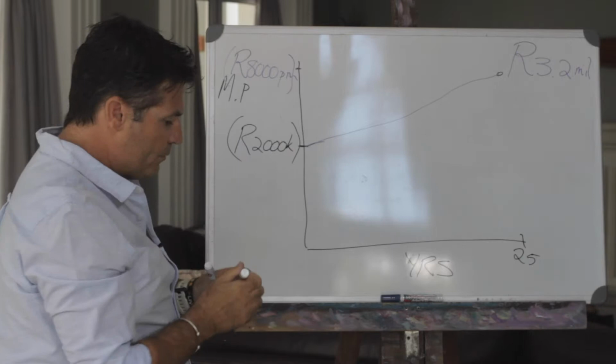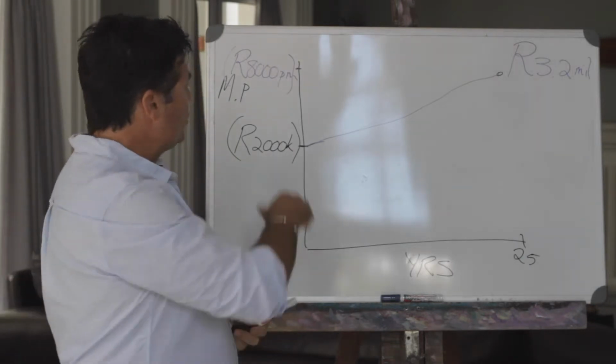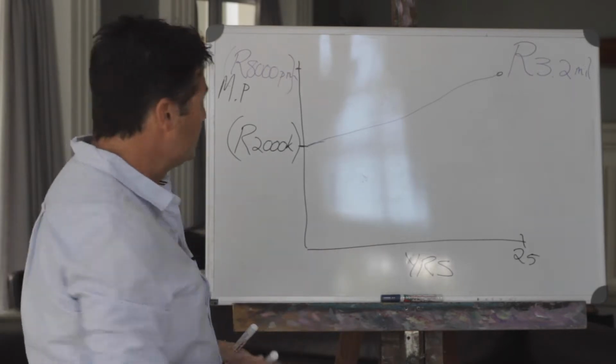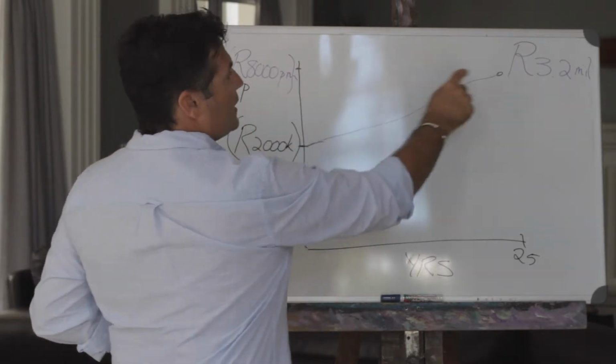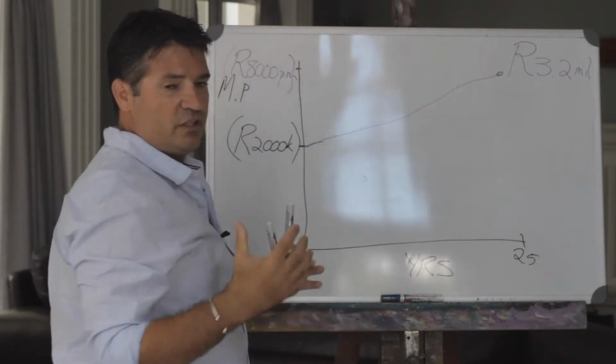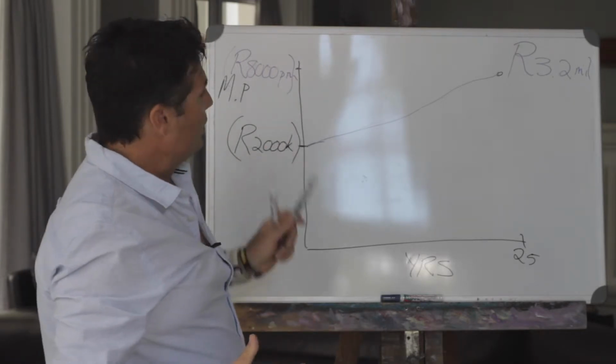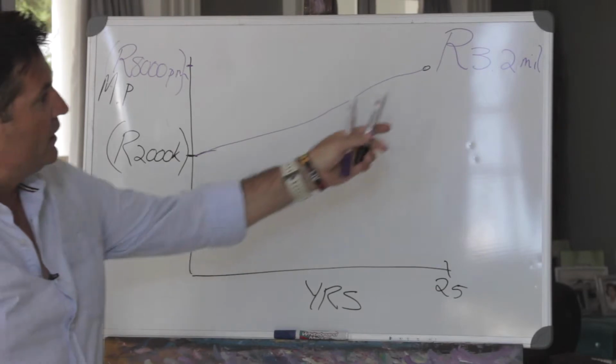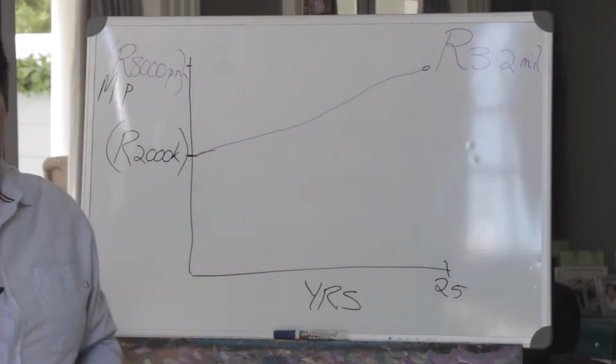Don't worry about the big number. That's just rental escalations. Your salary should increase, or your income increase, same, inflation linked. So you'll be paying out 8,000 Rand at the last year, 8,000 Rand per month to get to your 25-year maturing value, and you're going to then get paid out 3.2 million Rand.